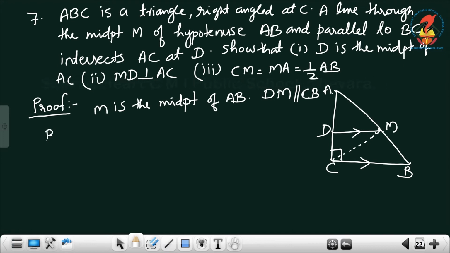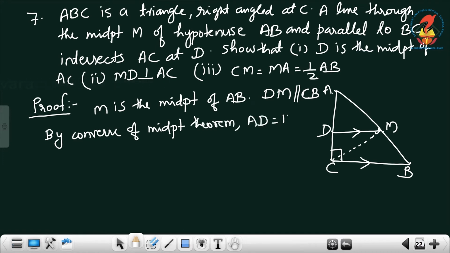By the converse of the midpoint theorem, AD equals DC. Therefore, D is the midpoint of AC. This is the first one.